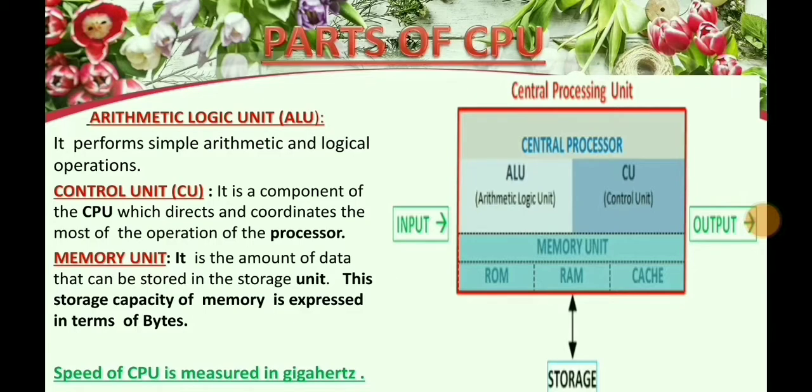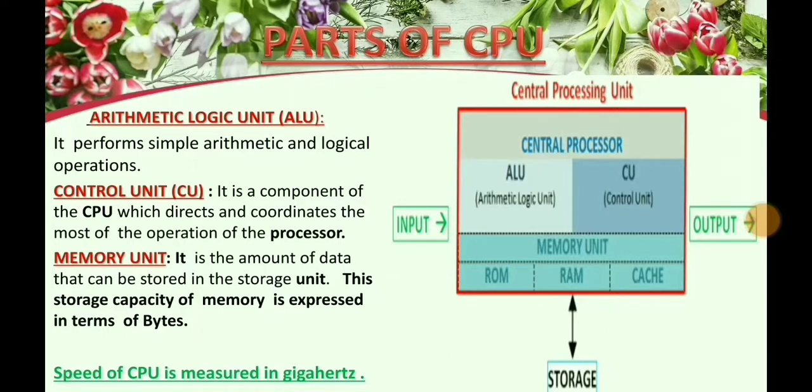Now next is control unit. This unit of the CPU controls and coordinates all the components of the computer. All the components get directions from the control unit that what they have to do.